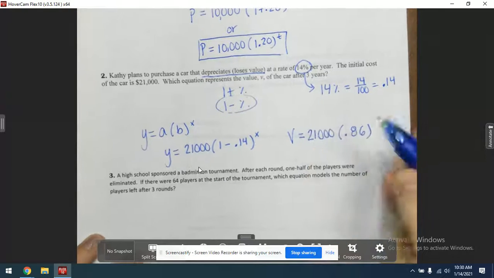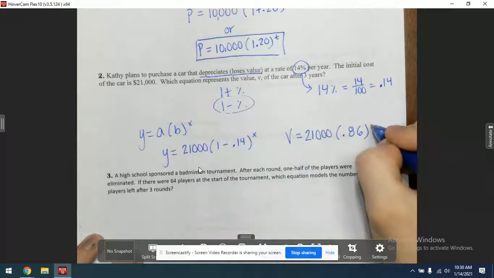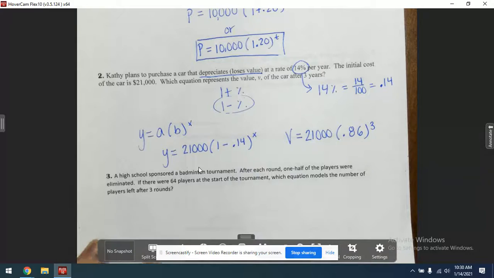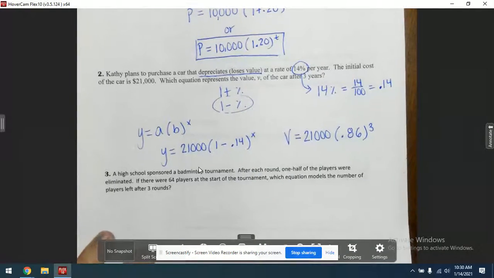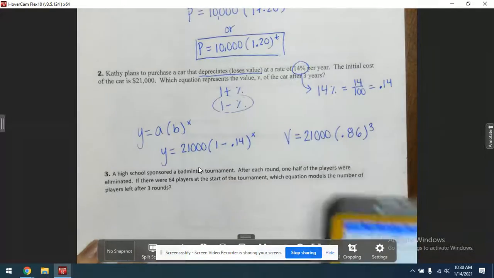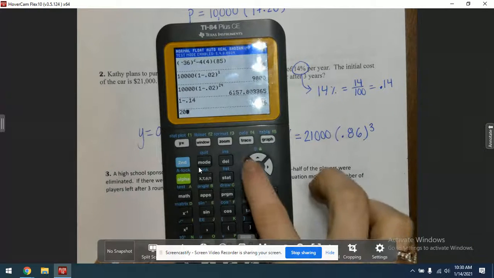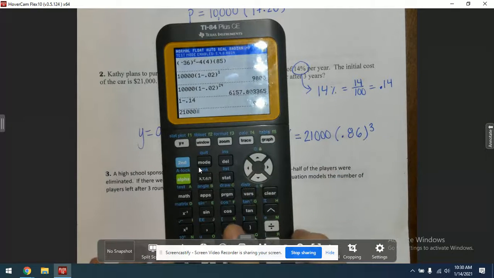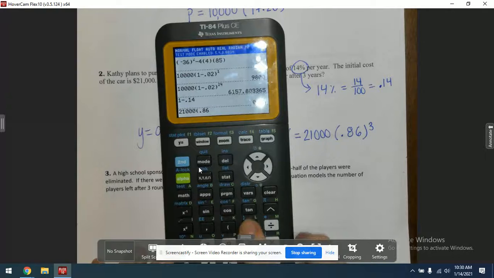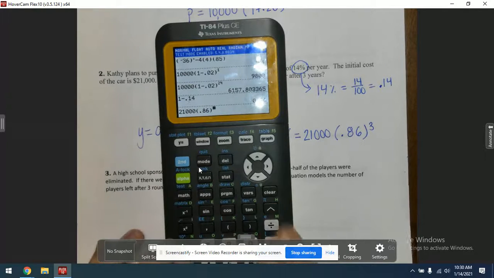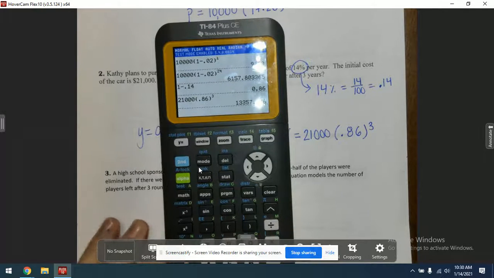And they want to know, and write the equation for after 3 years. So we're going to put a little 3 here. And just for sakes of, because that's a weird question, typically you would evaluate that. What is, if you had a $21,000 car and it loses 14% for 3 years, what would we be at?